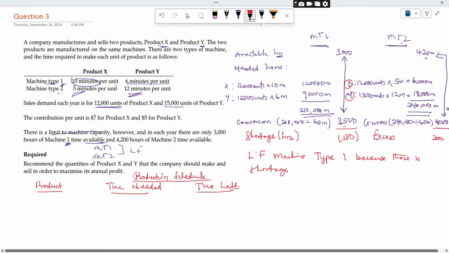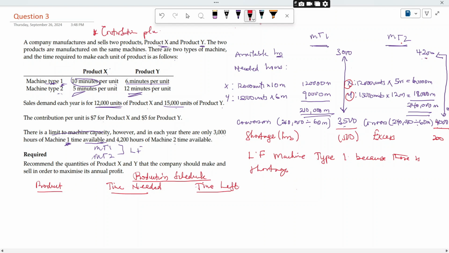Okay, sorry. Before we do the production schedule, we have to look at the rankings. And here we have to look at the contribution. We have to maximize the contribution per unit of limited factor, right?